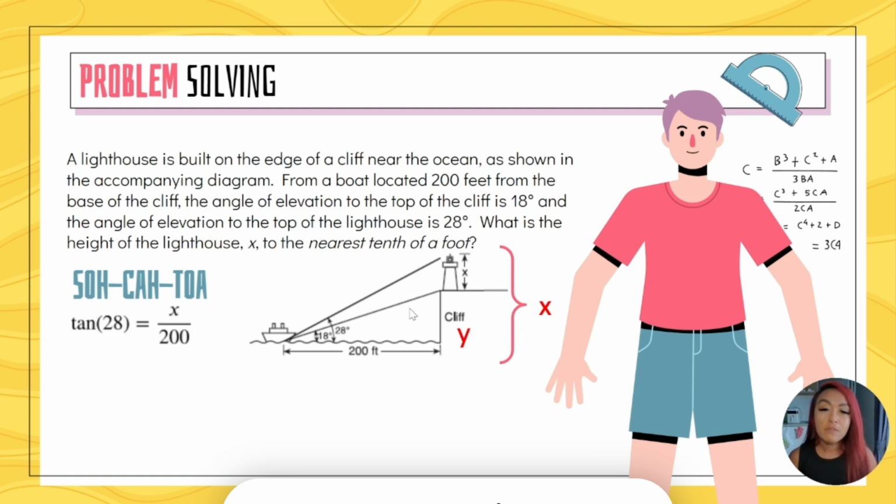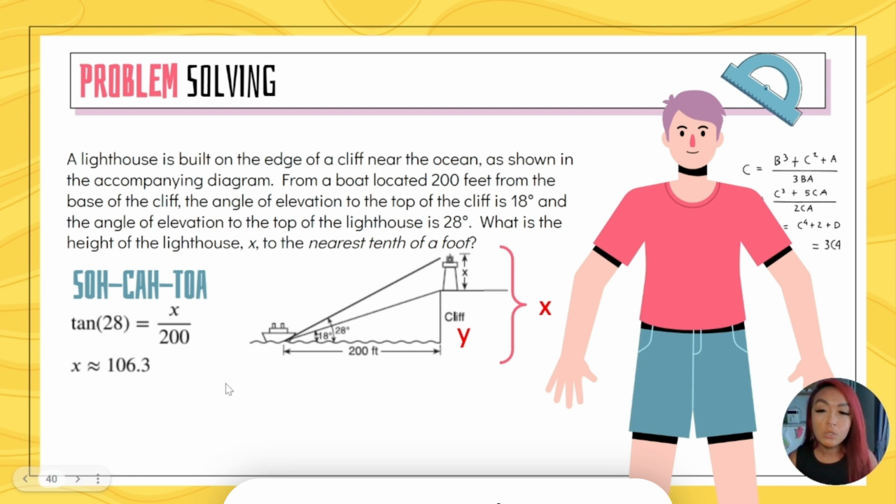So let's find X first by taking the tangent of 28 and setting it equal to X over 200. So now we'll cross multiply to solve for X, right? X would be 200 times the tangent of 28, which is approximately 106.3.